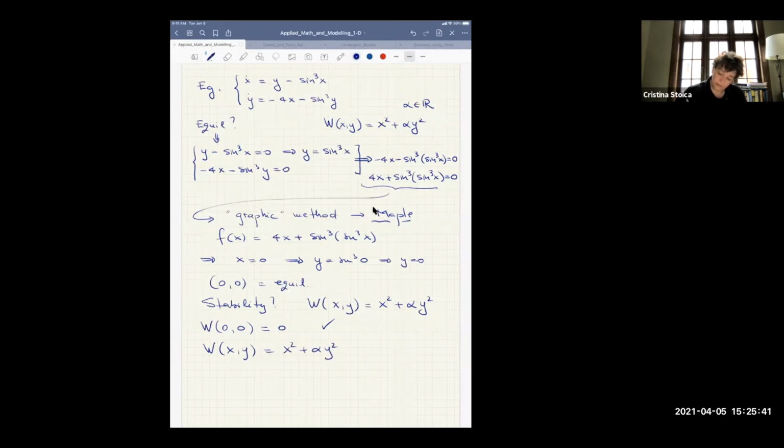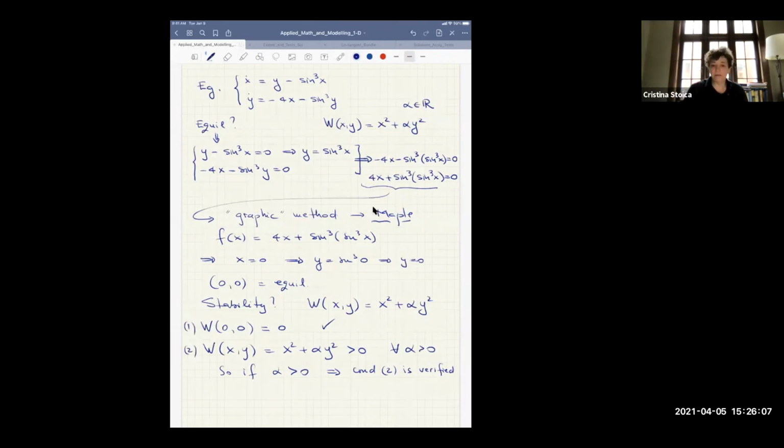Now this will be positive for any alpha positive, right? So alpha has to be positive. So if alpha is positive, condition 2 is verified, right? So we have 1, 2.